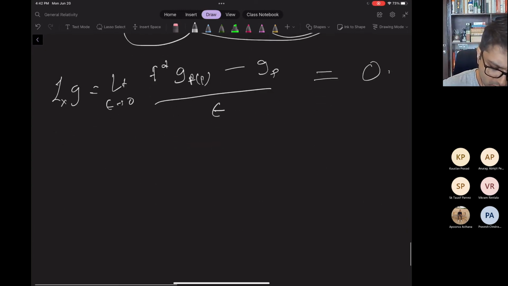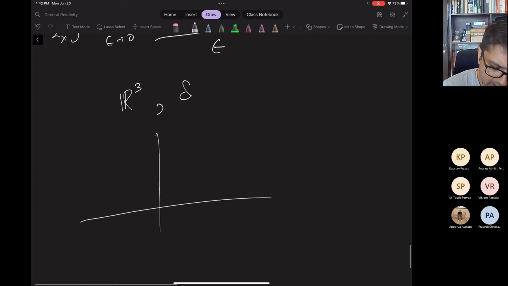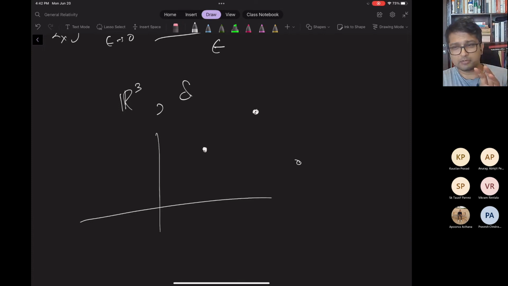So when we think about, let's say, again, Euclidean space R3 with metric delta, there's a metric here, there's a metric here, there's a metric here. Again, remember that this metric is a coordinate independent notion. I don't care whether you use spherical coordinates or any other coordinates. The metric just gives me a way to take dot products of vectors. So if I have any two vectors here, it'll tell me how to take the dot product of these two vectors.